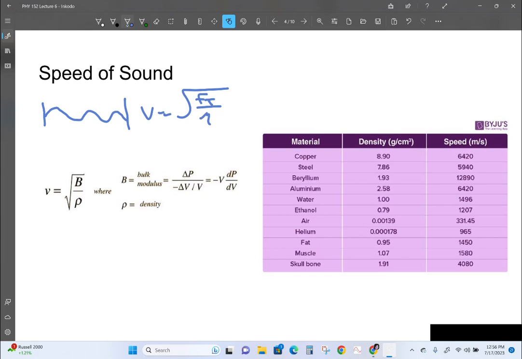So it turns out there's a similar relationship, but it's in response to the properties of the materials that the sound wave is going through. So it's equal to something called the bulk modulus, which is basically how easy it is to compress the material, divided by the density, which is mass per unit volume. So we're not going to actually use this formula, but you want to see that the speed of sound and transverse waves have a similar format.